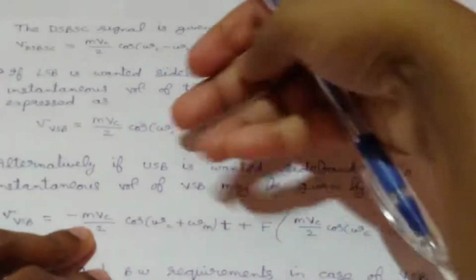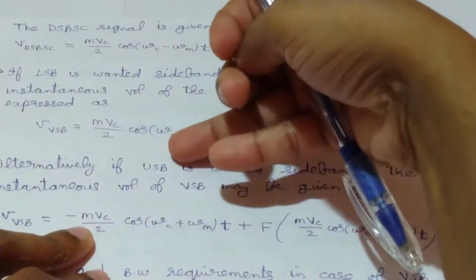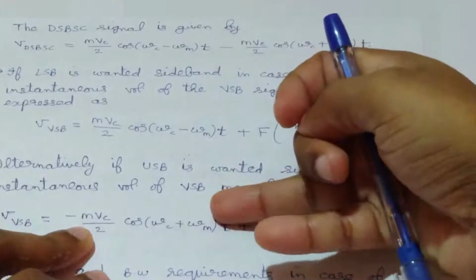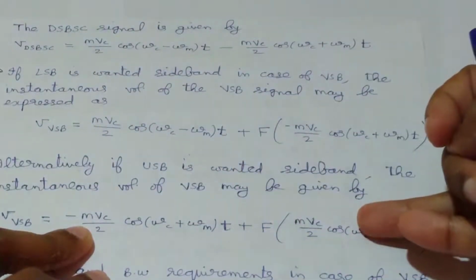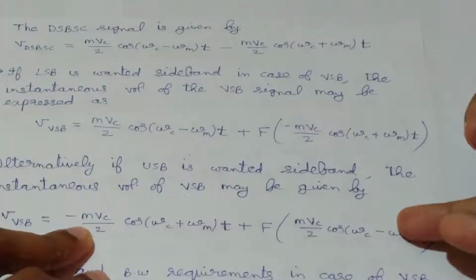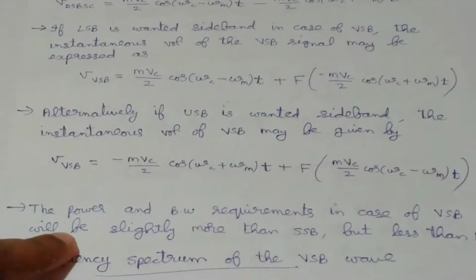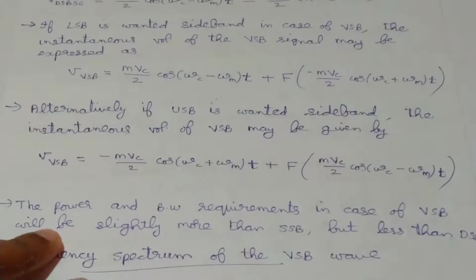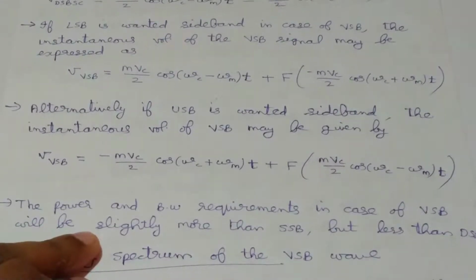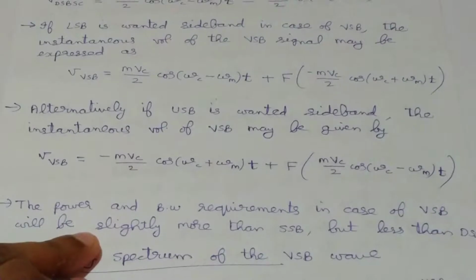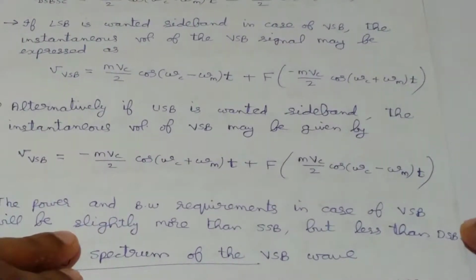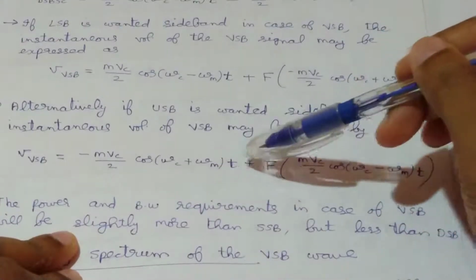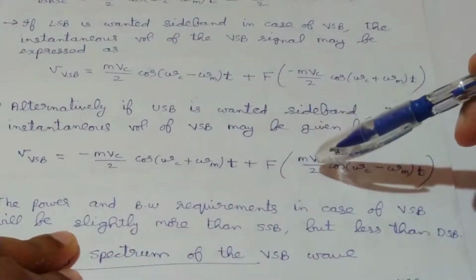So if the upper sideband is the wanted sideband, we will transmit that upper sideband completely along with a fraction of the lower sideband. With this vestigial sideband technique, the power and bandwidth requirement will be slightly more than single sideband but less than the double sideband technique, because here we are transmitting one full sideband plus a portion of the other sideband.